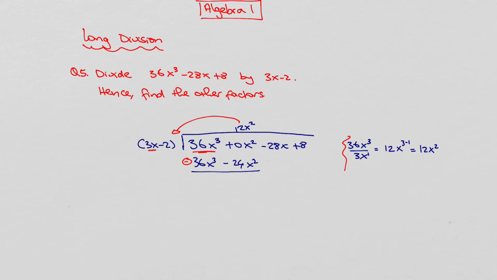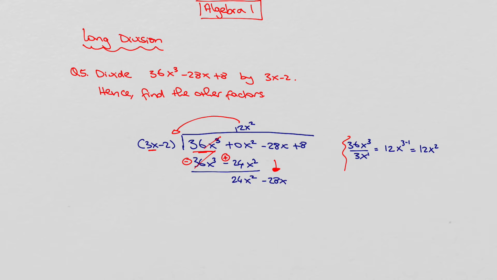And I have 0x squared minus 24x squared, so that's going to become plus. You're always changing the signs here because we are subtracting the terms. So that's 0, and then I have 24x squared. I then bring down the minus 28x and we repeat the process all over again.